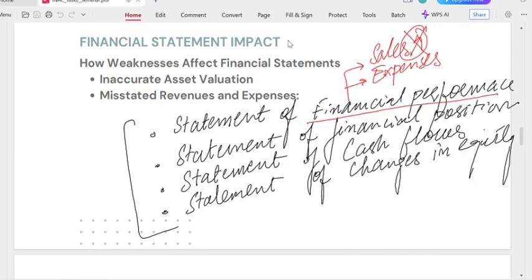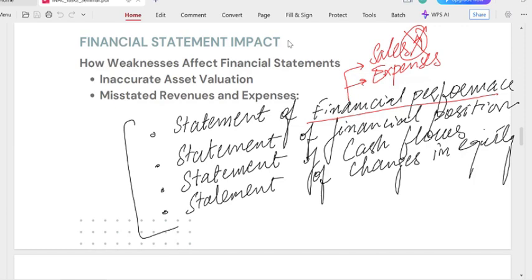What fraud does, it actually affects the true and fair view of the financial statements, right? So you have a certain weakness, and that weakness is causing a fraud. If we're just talking about the statement of financial performance, either it is impacting the sales, or it is having an impact on expenses.